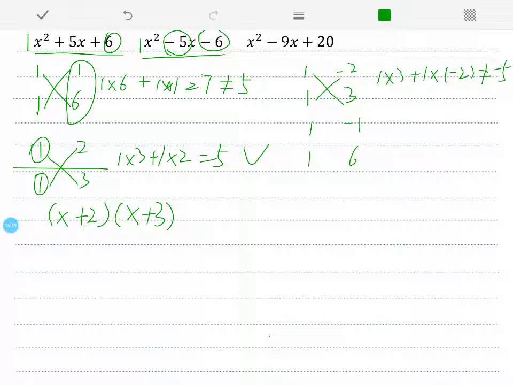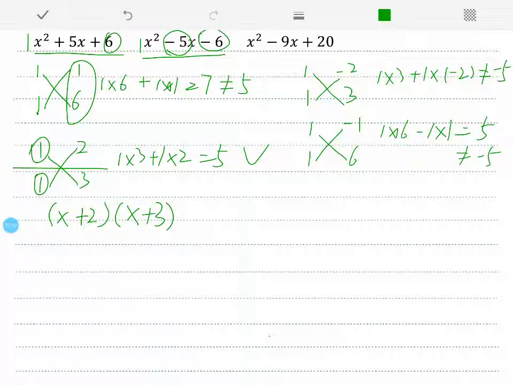Let's try this way. 1 times 6 plus 1 times negative 1, just minus 1 times 1, which equals positive 5.